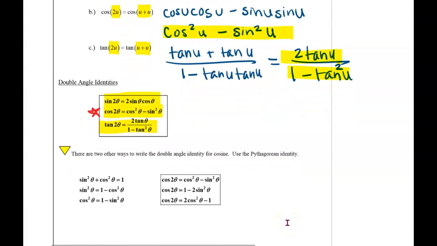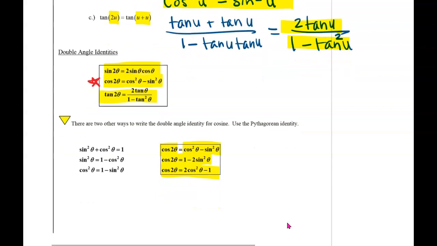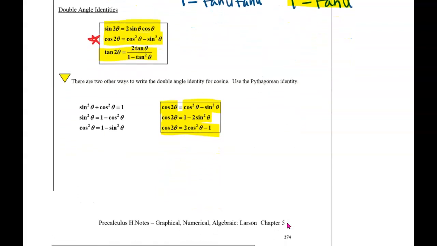So you see here we have cosine 2u, and we have cosine squared theta minus sine squared theta, which is the first one we came up with using the sum identity. Here you can see I have 2 more of those. So let's go through this and I'll show you how this works.